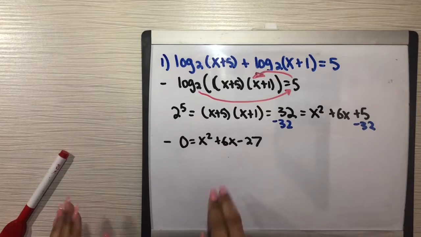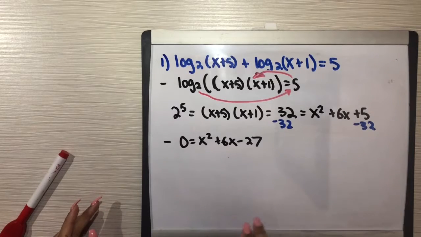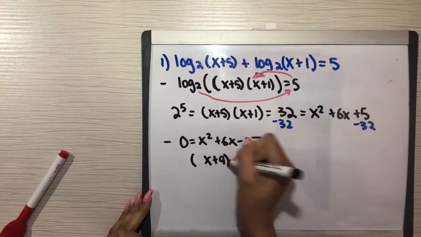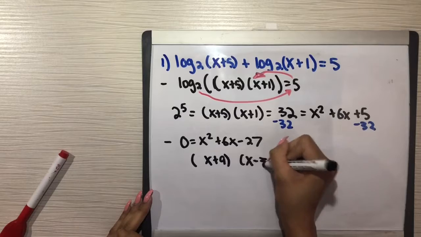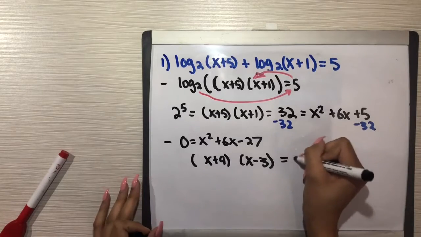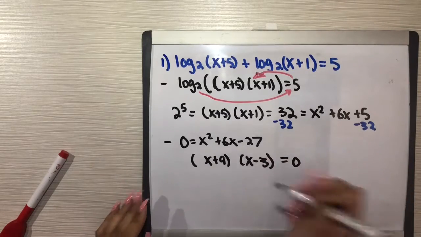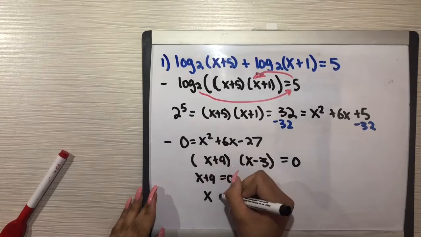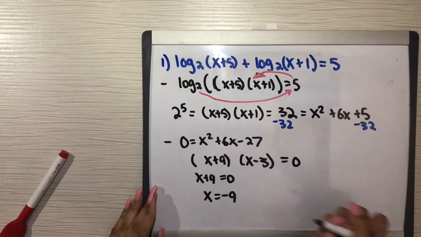Now what two numbers add to give you 6 and multiply to give you negative 27? It's x plus 9 and x minus 3, where then you set them equal to 0. So x plus 9 set to 0 will give you x equals negative 9.